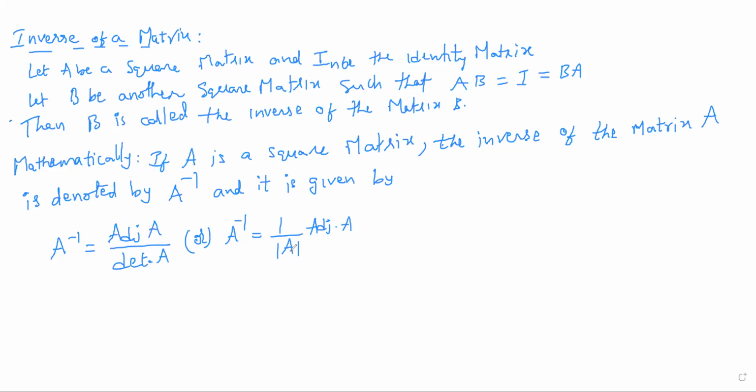That is, if you are given a matrix capital A, first you have to calculate determinant of A. If determinant of A is equal to 0, then the denominator becomes 0 here, so A inverse does not exist.